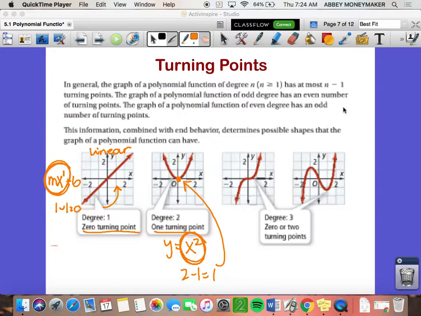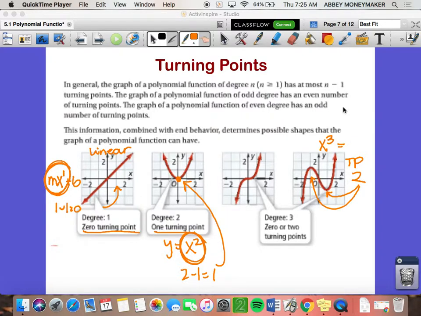Now, cubics play a different game. Cubics are a little weird, and that's why I emphasized earlier that it's the maximum number of turning points. Because with a cubic, you know you have x cubed, so your number of turning points would be at most 2. 1, 2.